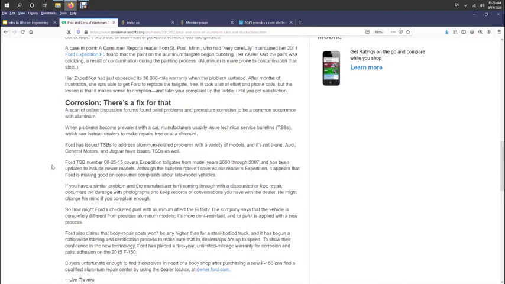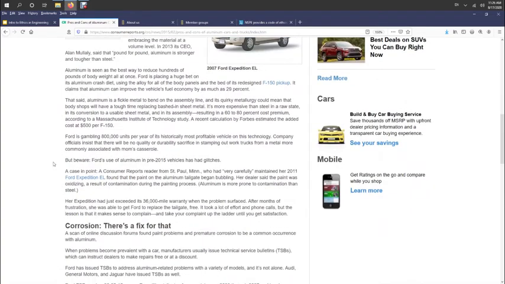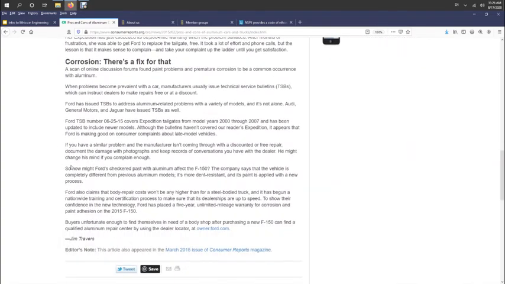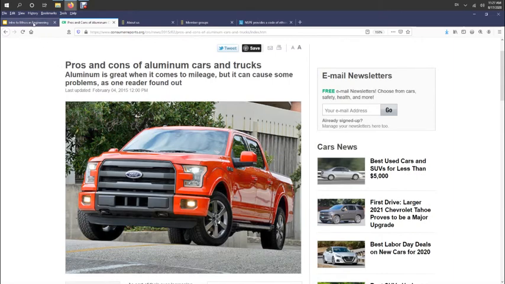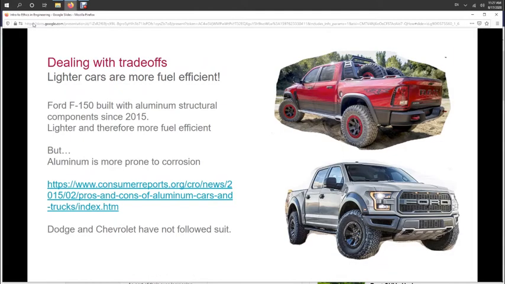Who had some premature corrosion on their truck, and it had to be repainted, and they had to complain to the factory to get it fixed at no cost or reduced cost. And there's a number of experiences like this. They're talking about corrosion. That's one trade-off of using aluminum structural components.